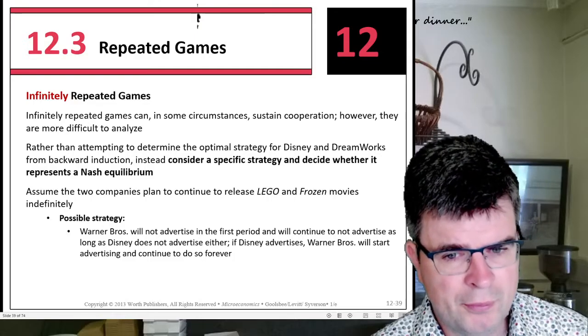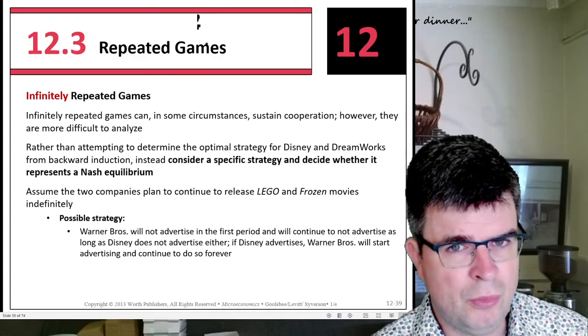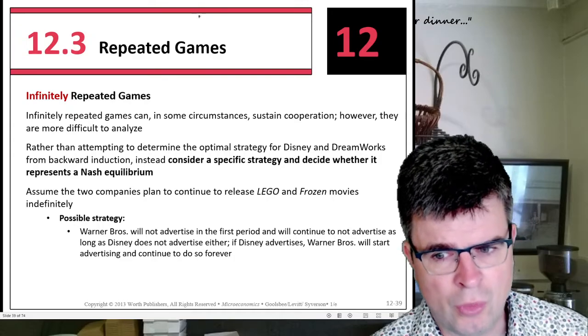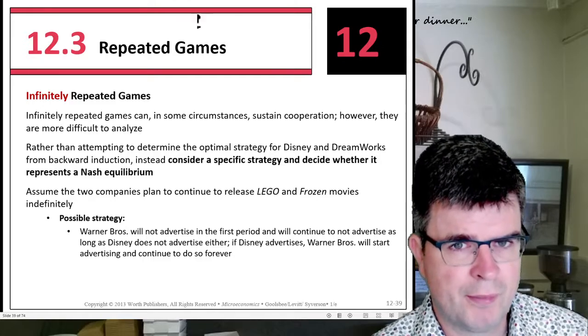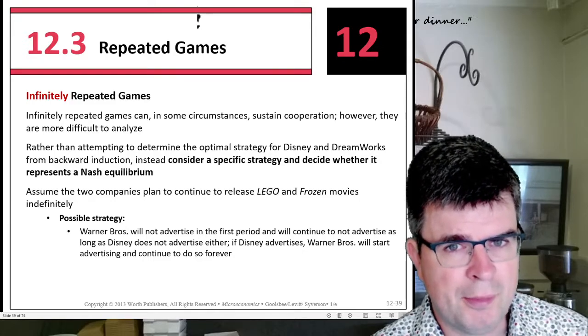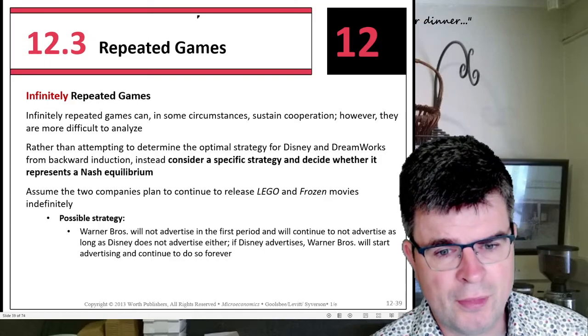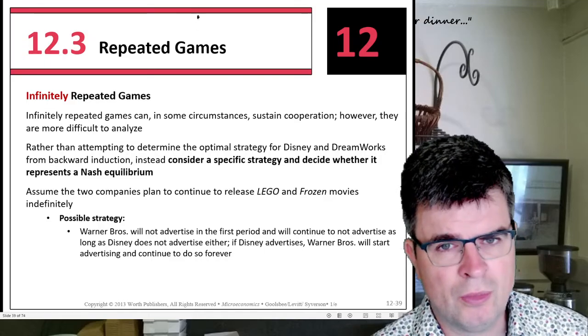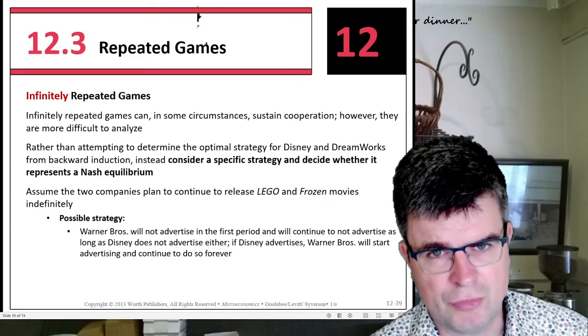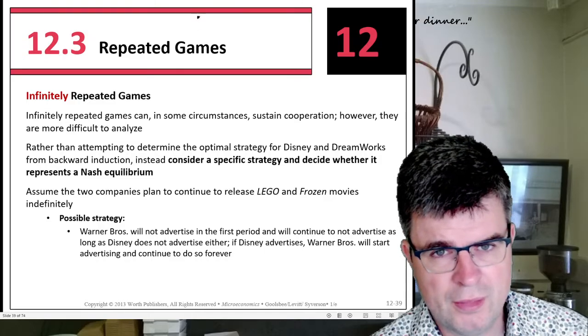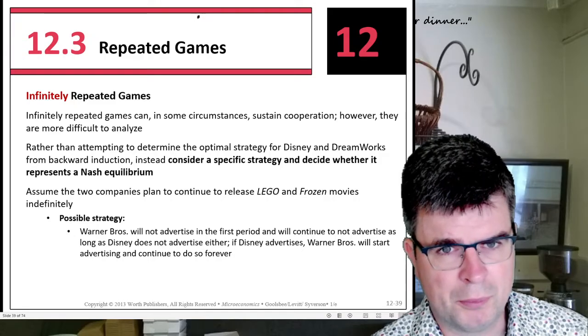In all other periods, I will continue not to advertise as long as I have not observed Disney advertising. But if Disney advertises, then from then on I will start advertising and continue to advertise ever after. That is the strategy of Warner Brothers.